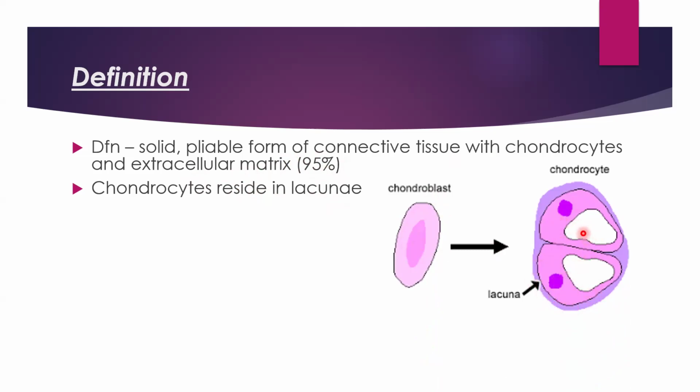So these two chondrocytes are found inside the lacunae. This chondroblast here is the one that gives rise to the chondrocytes. So chondrocytes are the mature cells, and the chondroblasts are the cells that provide these chondrocytes.